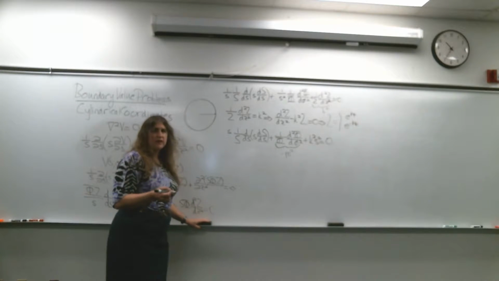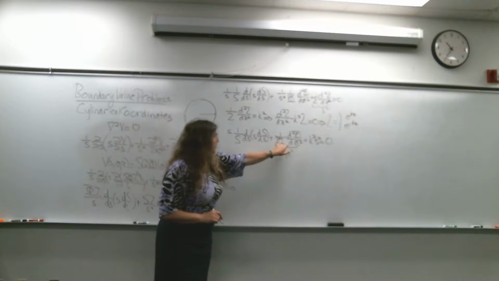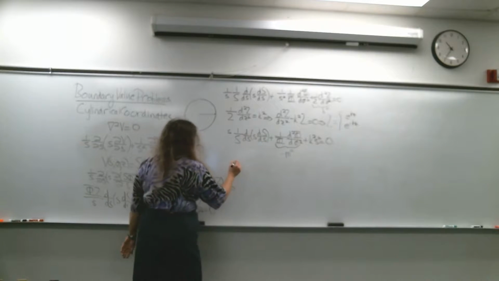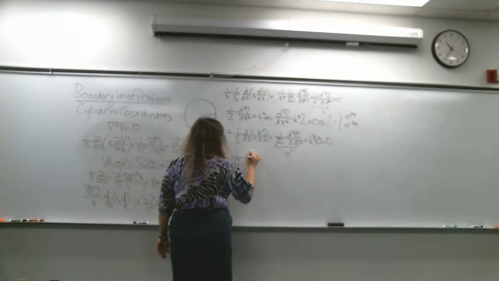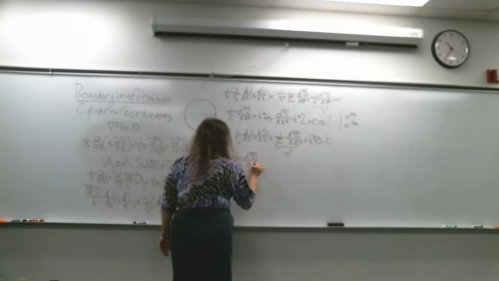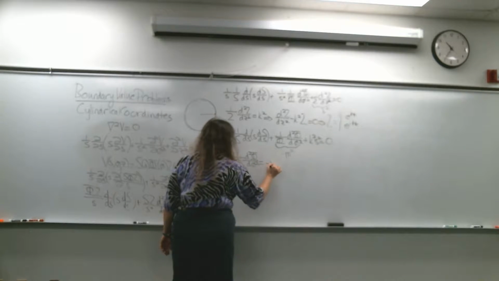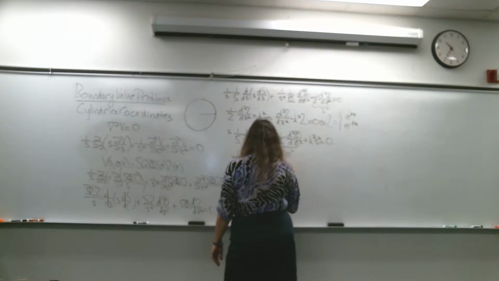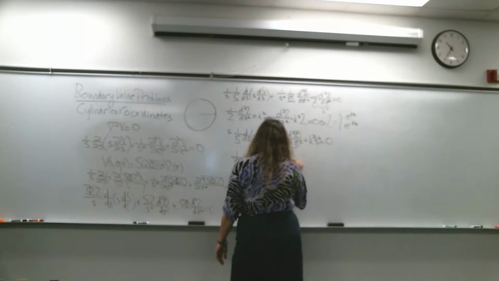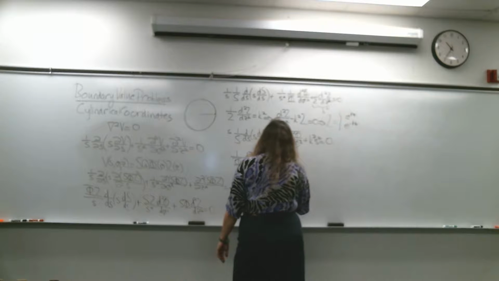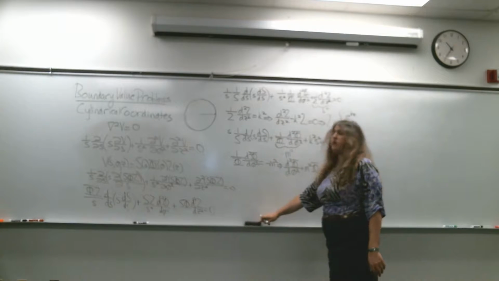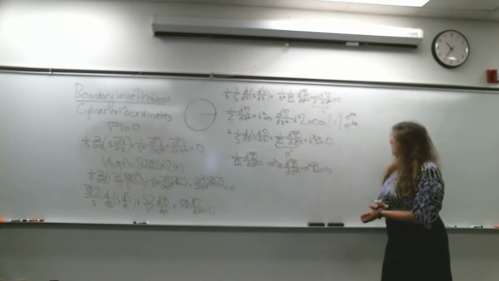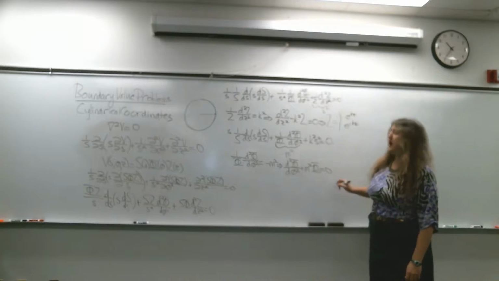And the only way that's going to happen is if this is equal to n squared, so that the second derivative of the function phi with respect to phi plus n squared times phi has to be equal to 0.